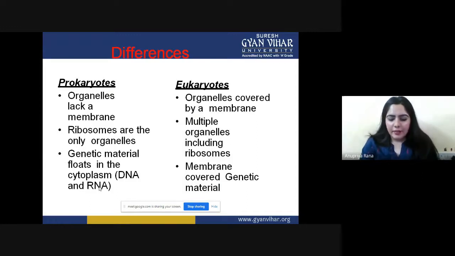Now, if we see some major differences between a prokaryote cell and a eukaryote cell, you can see here that in prokaryotes, organelles lack a membrane. They do not have any kind of membrane, while eukaryotes have all their organelles covered by a membrane.